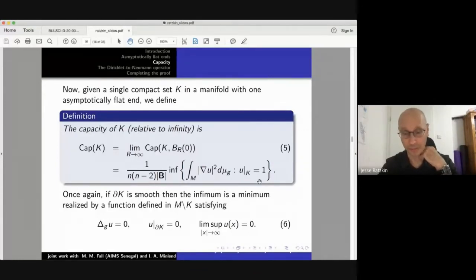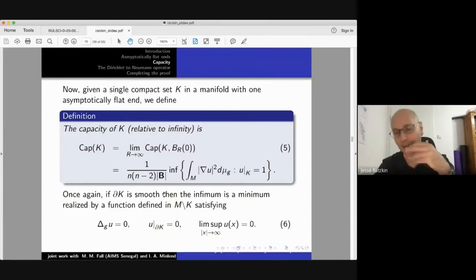So I do actually obtain some reasonable limit, and I can write that limit as the infimum of the Dirichlet energy of functions over all functions which are 1 on the compact set. And then what I haven't written here is that I should satisfy some sort of decay condition, and it will actually suffice to take my function u to have 1 weak derivative in L2. That will be a sufficient decay condition.